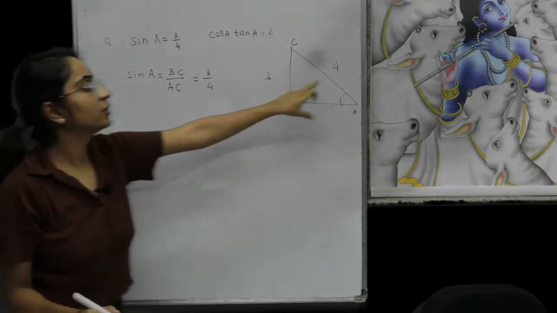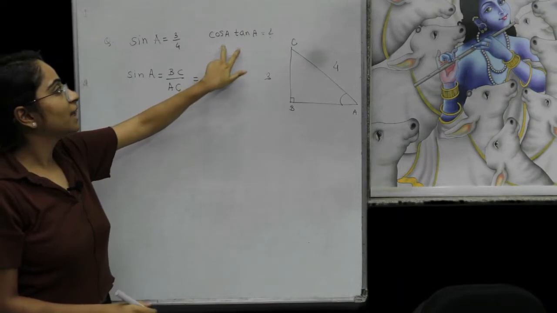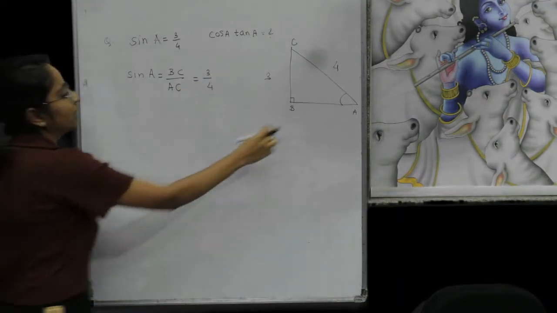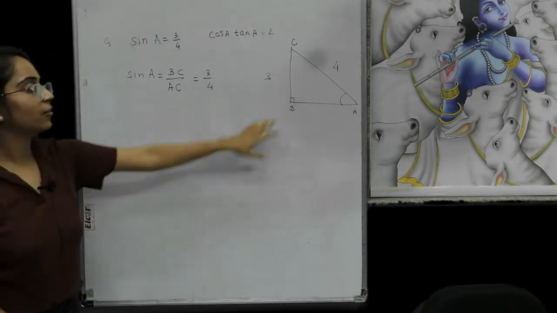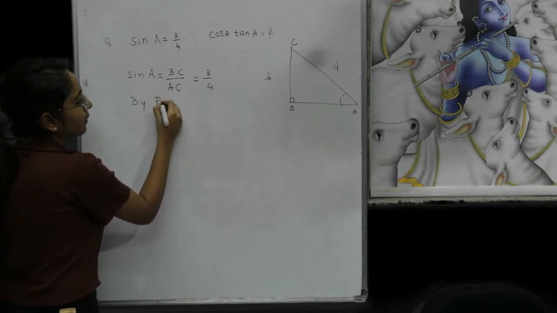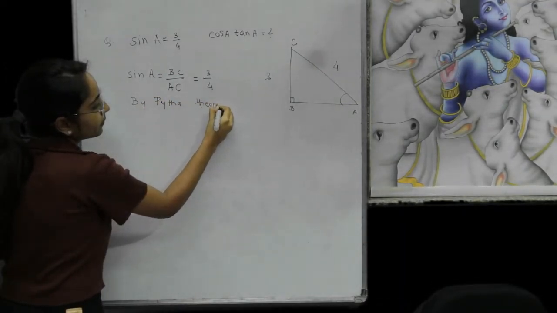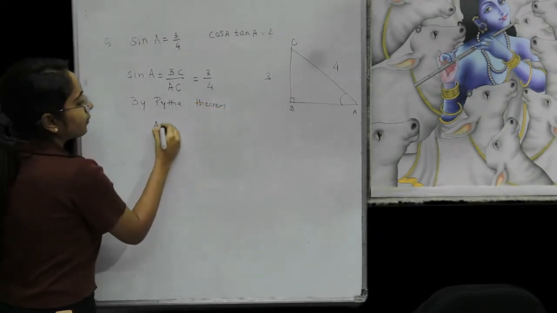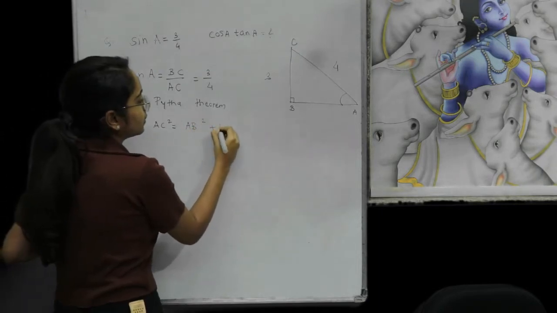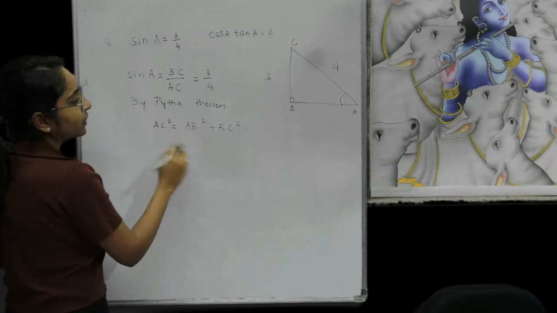So here we know two sides, but in order to find all the remaining values of the trigonometric ratios, we need to know all the three sides. So here, as this is a right angle triangle, we will apply Pythagoras theorem. So by Pythagoras theorem we get AC square is equivalent to AB square plus BC square. So we will substitute the values which we have.